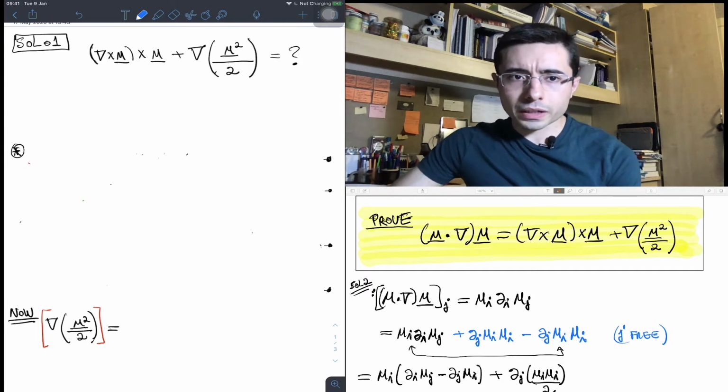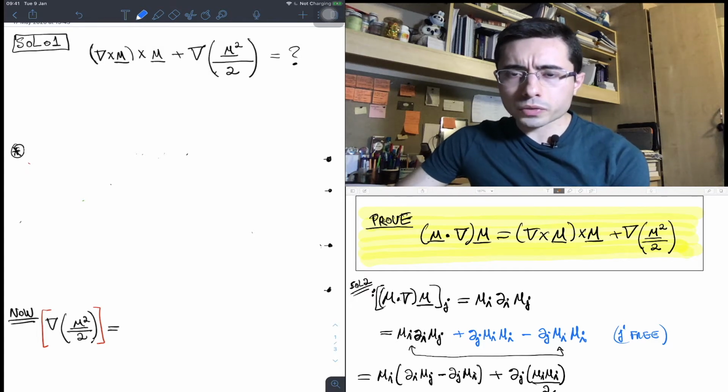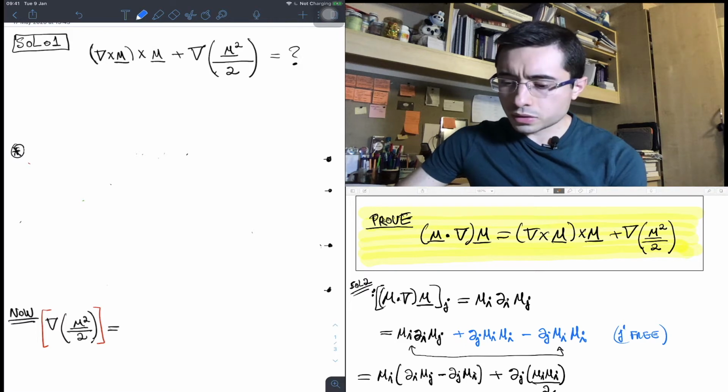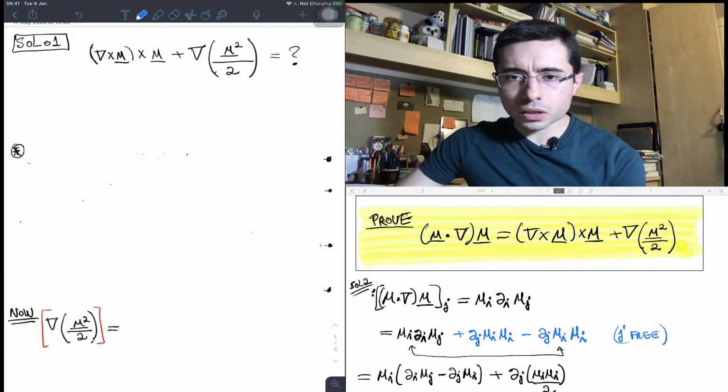The background of that question is physical, of course, but at this level the question we have is just to prove an identity, written there as u dot with gradient of u is equal to the curl of u cross u plus the gradient of u squared over 2.